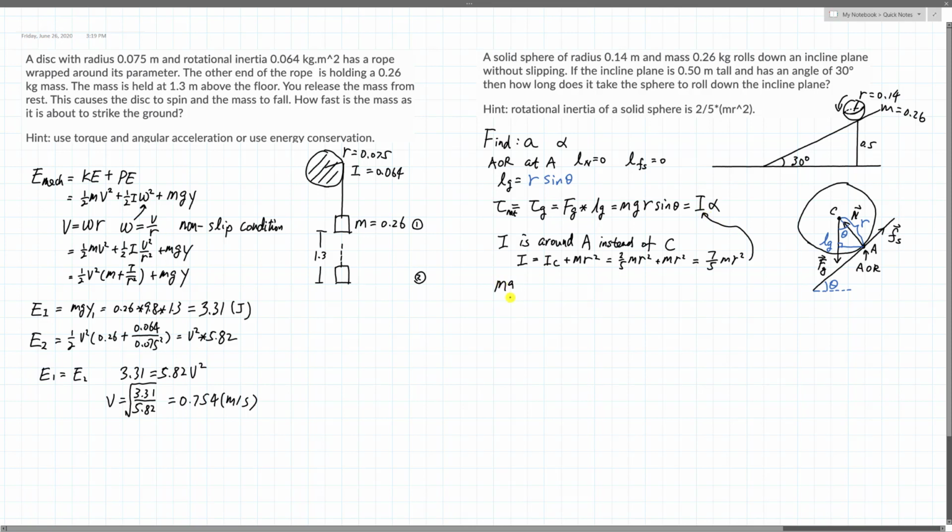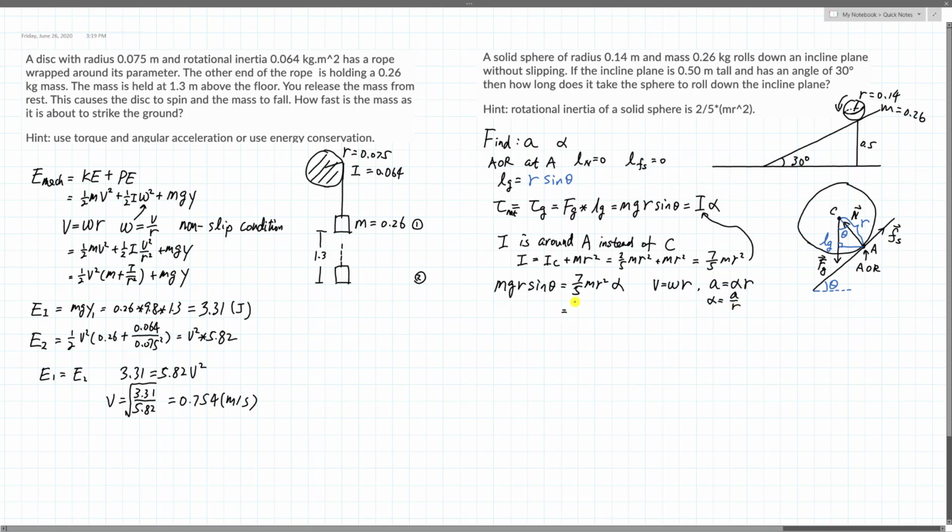So we have mgr sine theta equals 7 over 5 mr squared alpha. Because of the rolling without slipping condition, we have v equals omega r, and at the same time the acceleration of the center of mass is a equals alpha r, angular acceleration times the radius. So we can replace alpha with a over r.